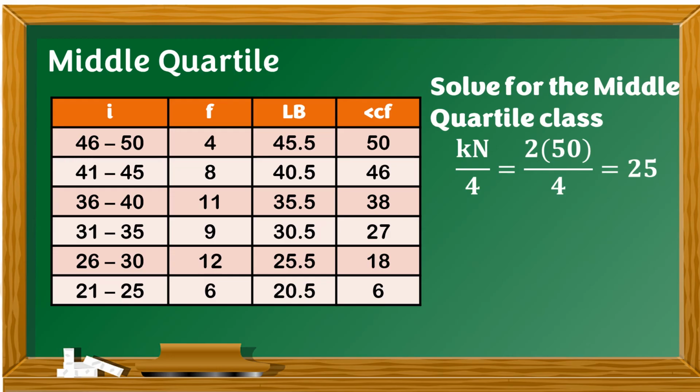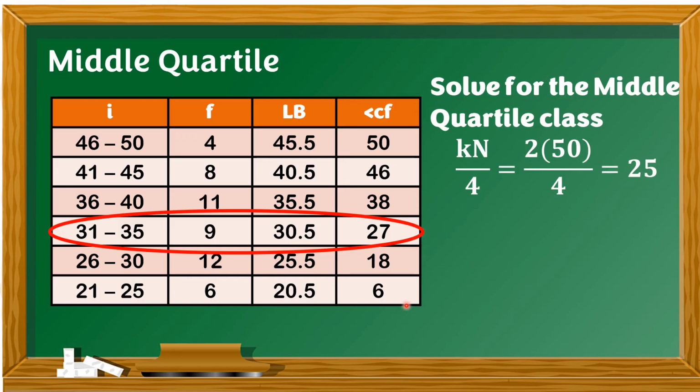So 2 times 50 is 100. 100 divided by 4 is equal to 25. And the middle quartile class is located here. So, since the value for the middle quartile class is 25, so 25 is located in this data.